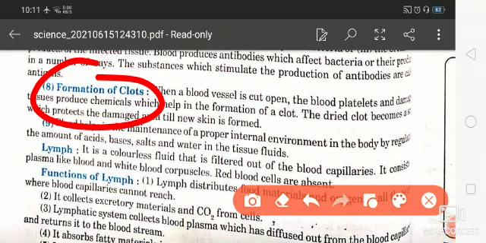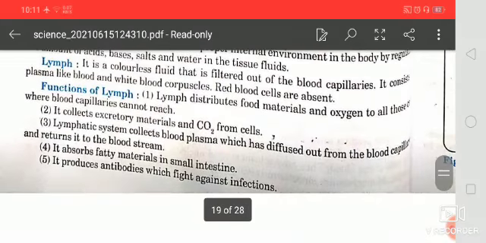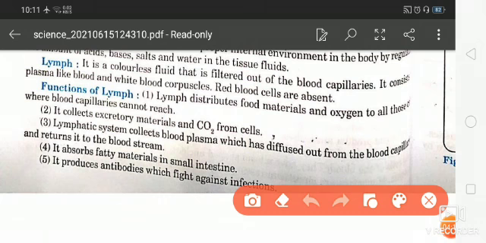Next one is lymph. It is a colorless fluid that is filtered out of the blood capillaries, and it consists of plasma like blood and white blood cells. Red blood cells are absent in the lymph. It is a very important function of lymph that it distributes food materials and oxygen to those parts of the body where blood capillaries cannot reach.